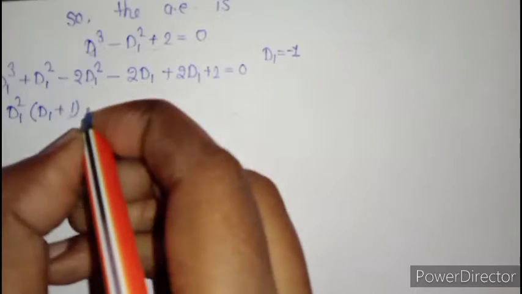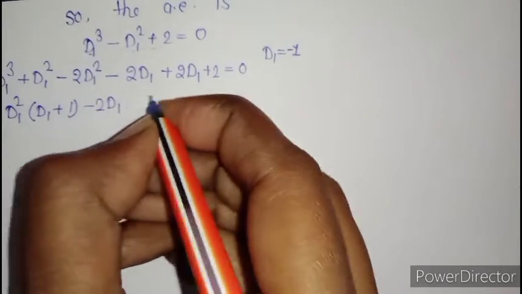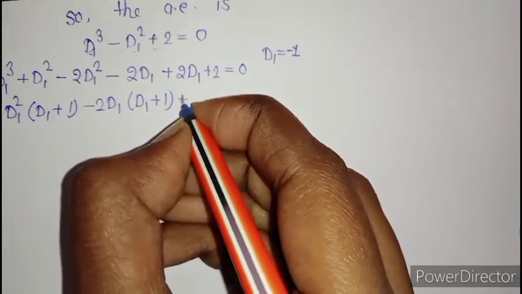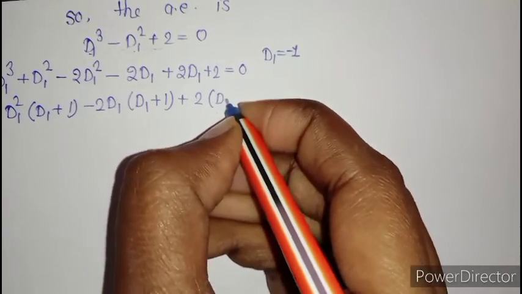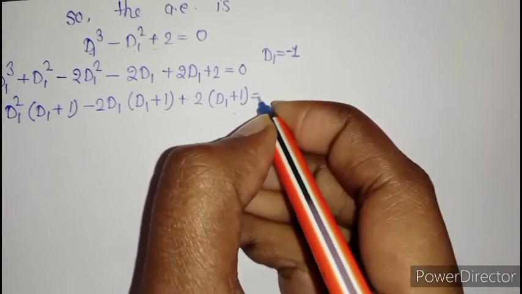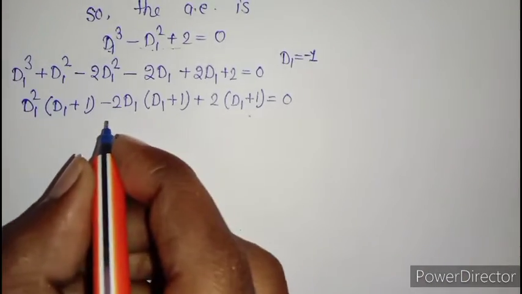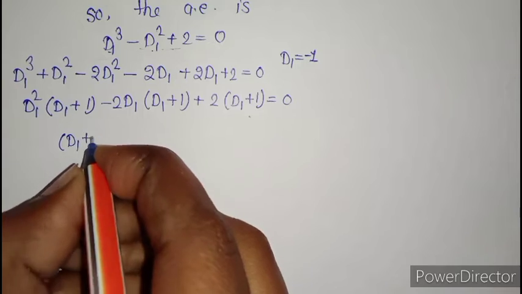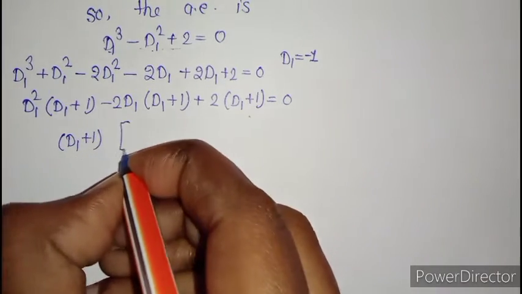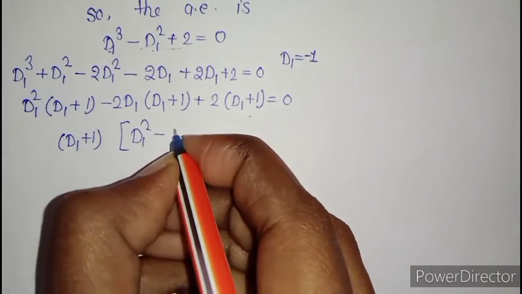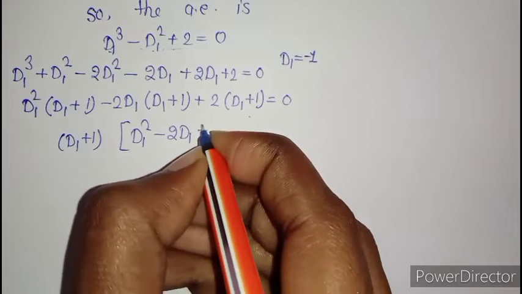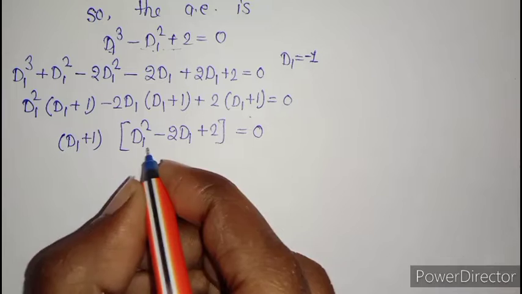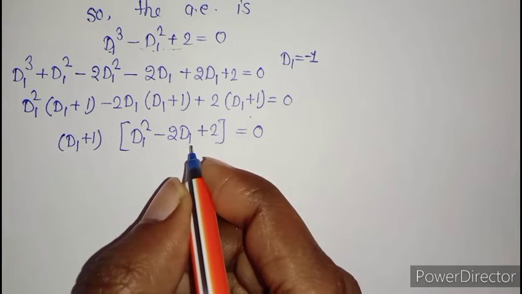Taking minus 2 D1 common from here, we get D1 plus 1. And take common 2 here, then we get D1 plus 1. So you can see D1 plus 1 is common in each term, so we can take it outside. So it becomes D1 plus 1, D1 square minus 2 D1 plus 2 is equal to 0. Now you can see its factorization is not possible.